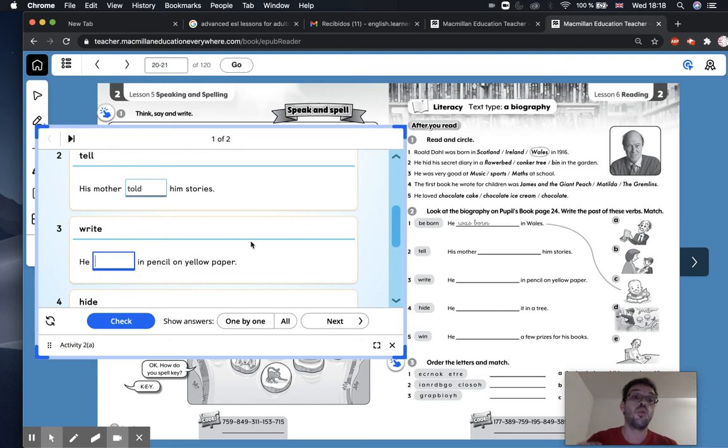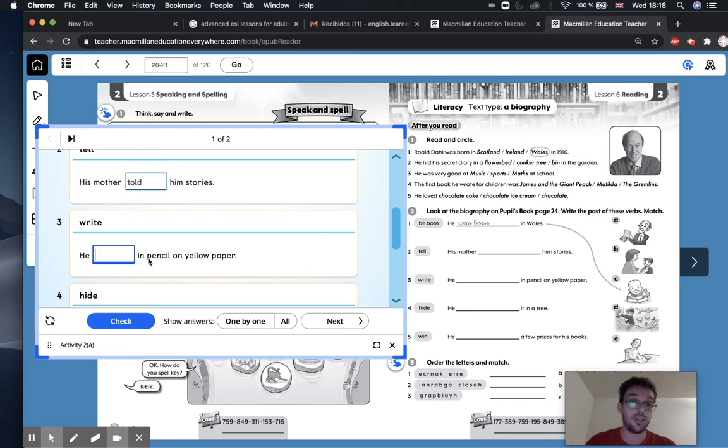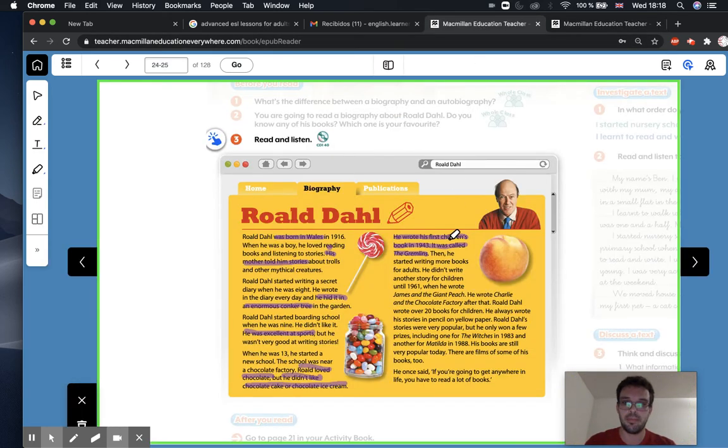Number 3, write, escribir. He in pencil on yellow paper. Let's have a look in the text. It says, he always wrote his stories in pencil on yellow paper.